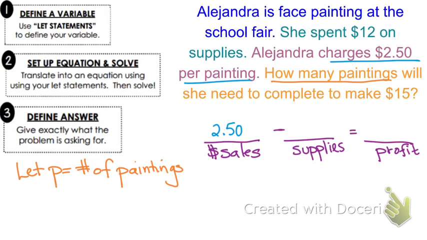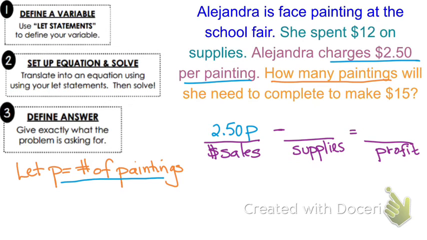If 2 people ask, she's going to get $2.50 from each person. So $2.50 times 2, she would have made $5. Or if 3 people, it would be $2.50 times 3. She's multiplying $2.50 by the number of paintings that she does. And remember, P is the number of paintings, so it's $2.50 times P.